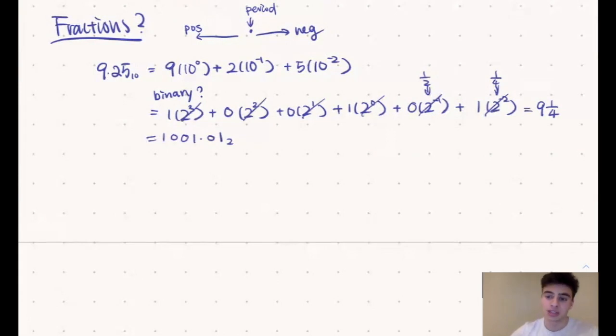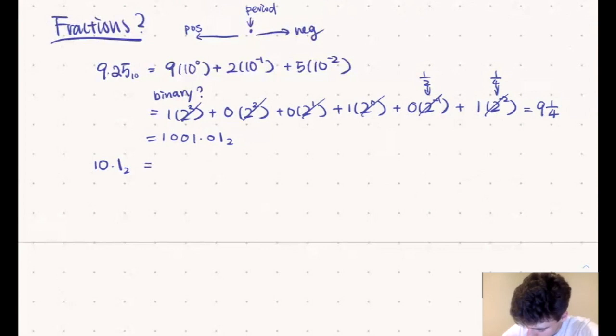All right, now let's take an example in the other direction. So let's take the binary number 10.1, and convert that to decimal. So this is base 2, of course. So we're going to use the same algorithm as before. So the largest index we have here is 2.